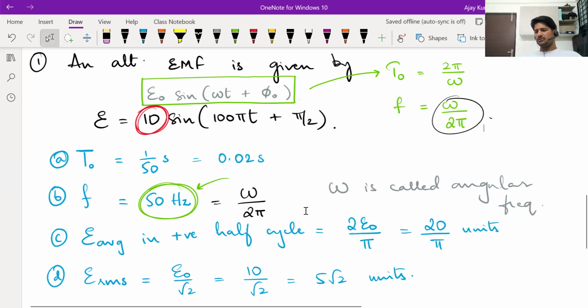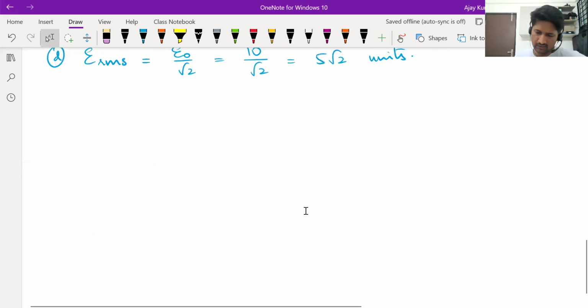Fine. So we know how to deal with the alternating EMF equation. Like we know how to find average, RMS and all. So generally any equation of this form, you can follow the same steps to get the average value and RMS value and time period and so on. Now we'll enter into the physics of this chapter. What you essentially learn in this chapter is, let's take a simple equation to start with.